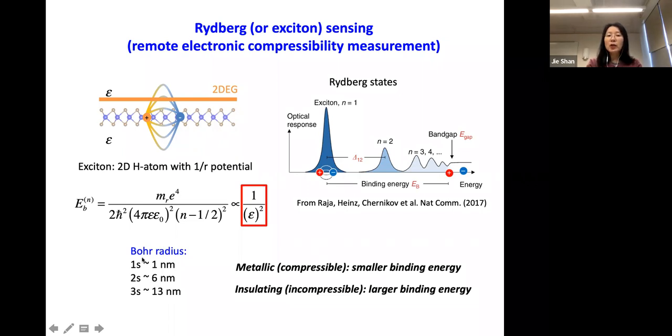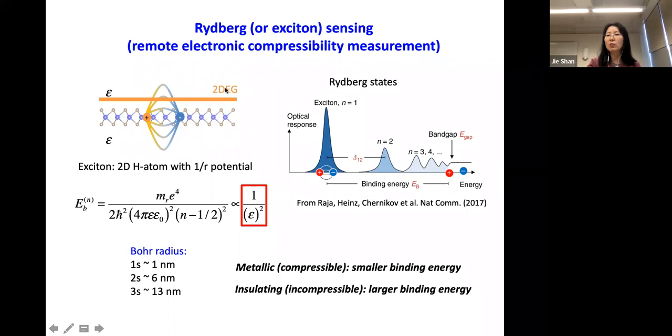And we also know that the 1s exciton is relatively small, but if you go to 2s and 3s, the Bohr radius increases very fast. So we decided to use this as a probe of what's going on in this 2D electron gas.